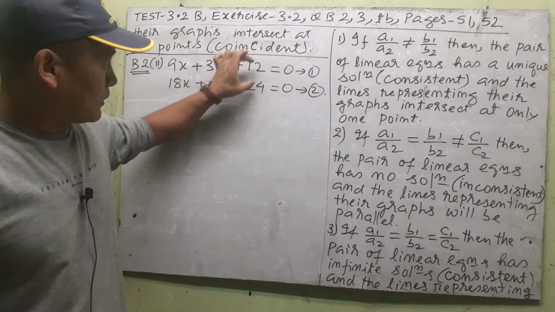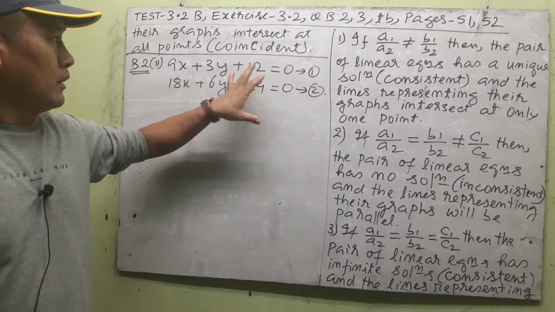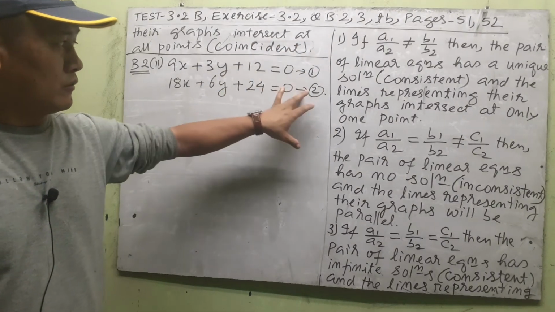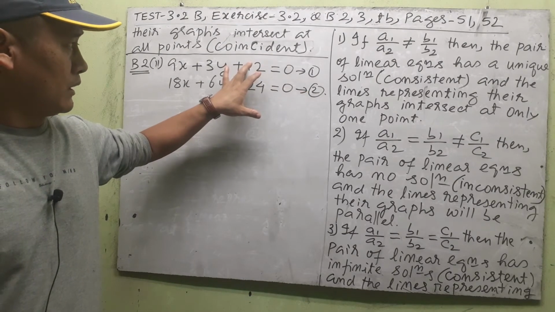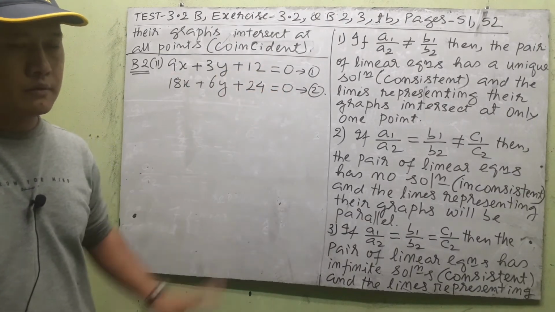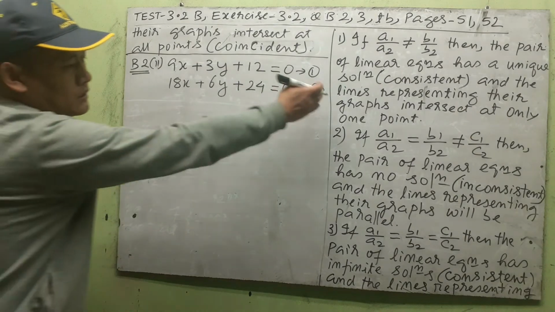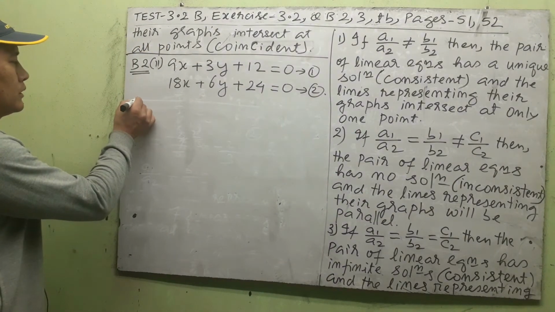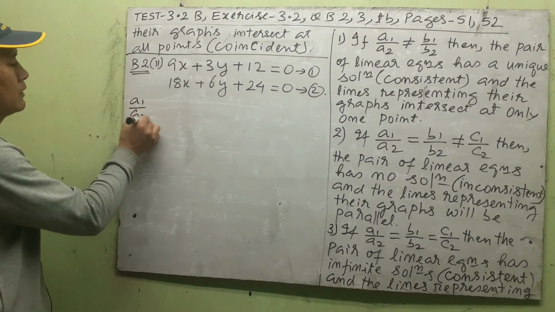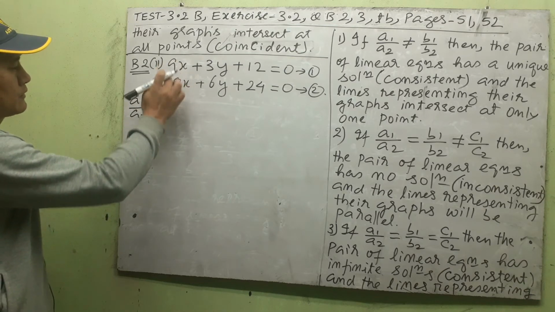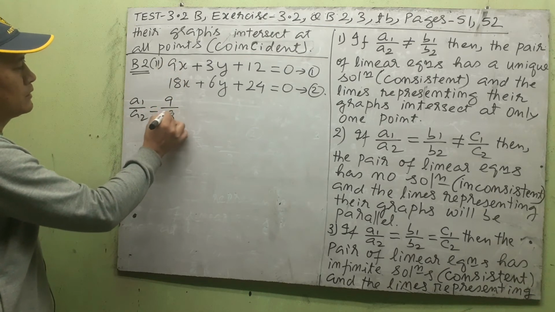Or you can put both of them on the right side, that's also correct. But C1 on the left side and C2 on the right side will be wrong. We'll get this condition wrong. So let's start here. A1 by A2, coefficients of x, very clearly plus 9 and 18.